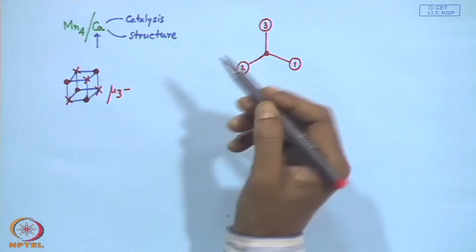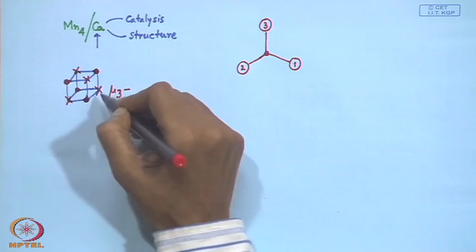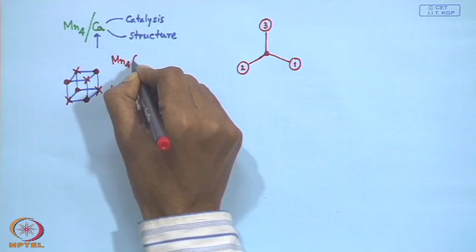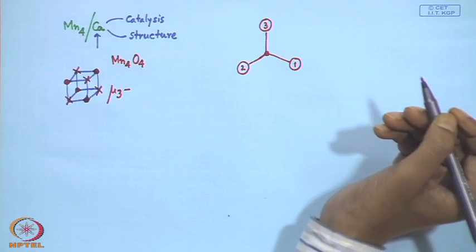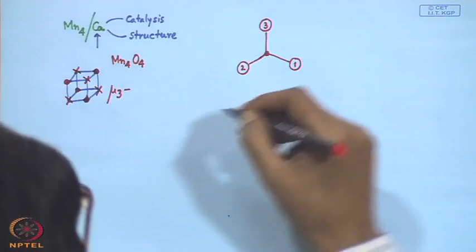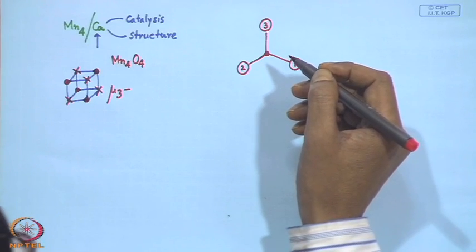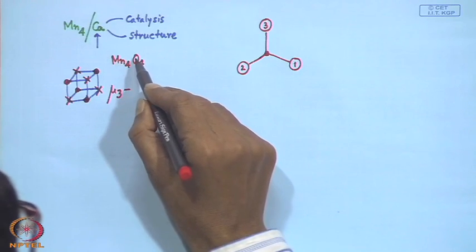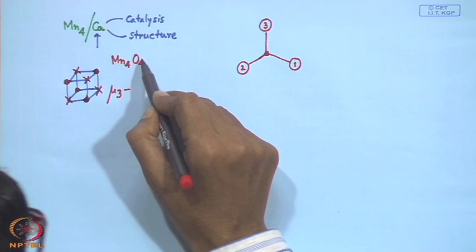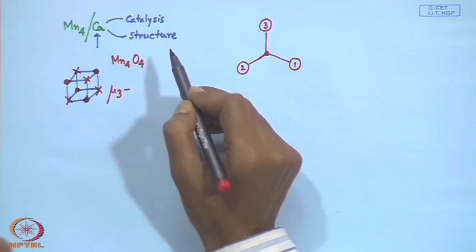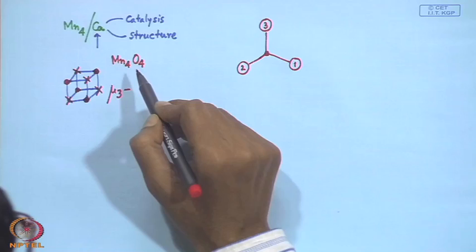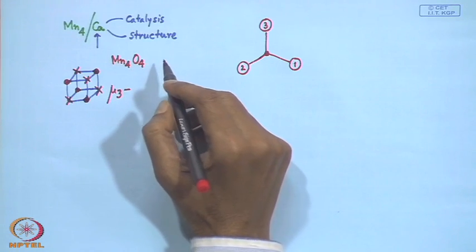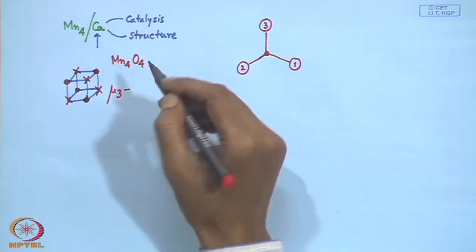So, when you have mu3 mode, and in this particular case a system which is Mn4O4, forget about the nature of this O, because we get different spectroscopic analyses and X-ray structure analysis to some extent. We get this arrangement and we can differentiate whether these groups are oxygen or sulfur or any halogen, but sometimes we are not able to precisely determine whether this is an oxide or hydroxide group, whether this oxygen is attached to a proton or not.